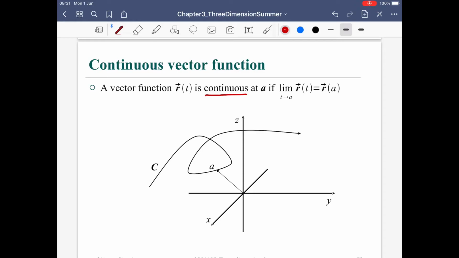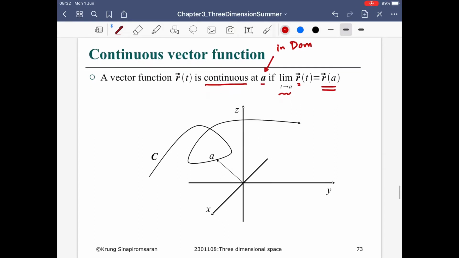The vector r is continuous at the point a, where a is a point in the domain, so a real number, if, straightforward, right, the limit as t goes to a of the vector r(t) equals the value of that vector when you evaluate t at a. So this is pretty straightforward as it is.